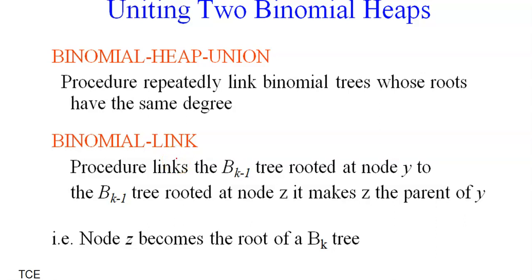For example, I have two binomial trees, y and z. Let me make y a child of z. This is done by binomial link, and when y and z are of the same degree, this pseudocode is used.